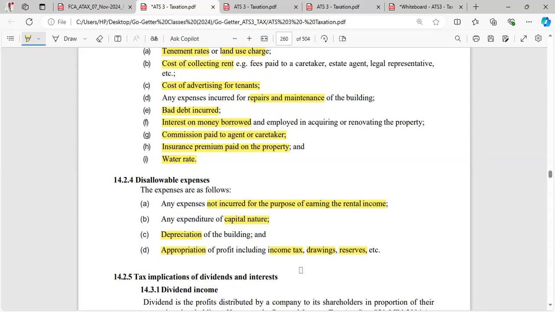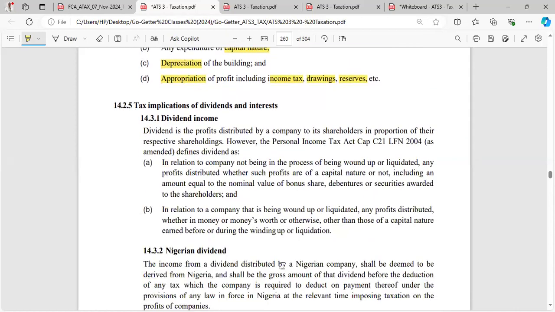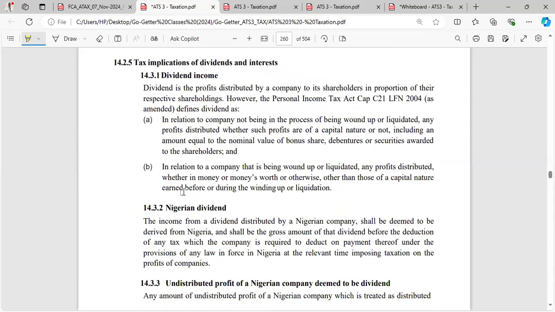So we've done rental income, now to dividend income. Dividend income is another income that is investment income. Dividend income is the profits distributed by a company to its shareholders in proportion to their respective shareholding.